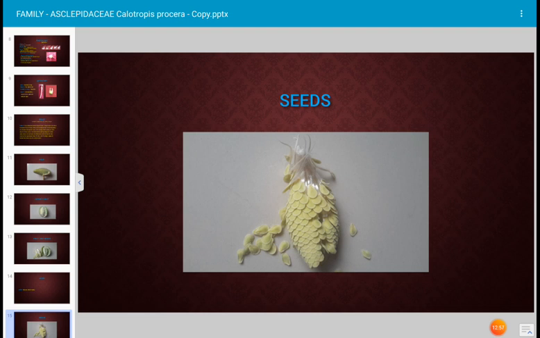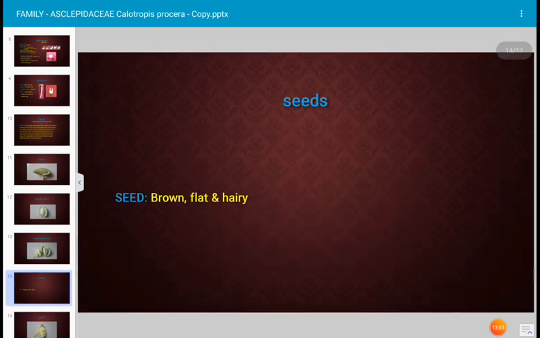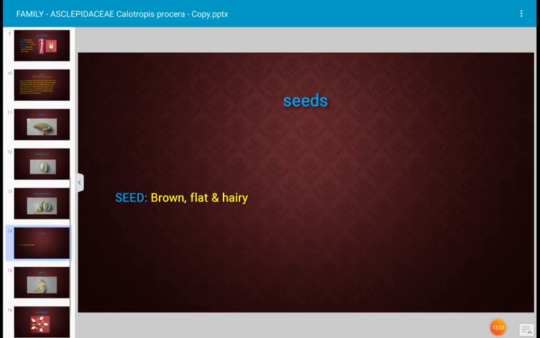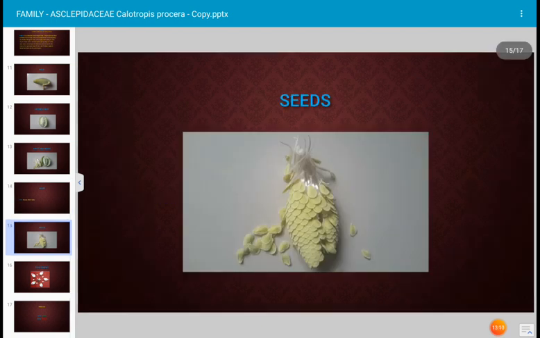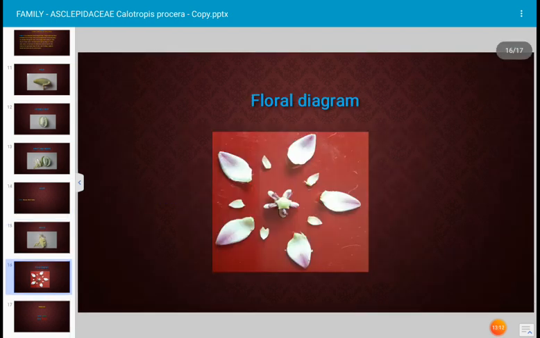See the beautiful arrangement of the seeds. These are very young seeds. At maturity they become dark brown in color. Next, these are the seeds. Next, this is the floral diagram of Calotropis procera.